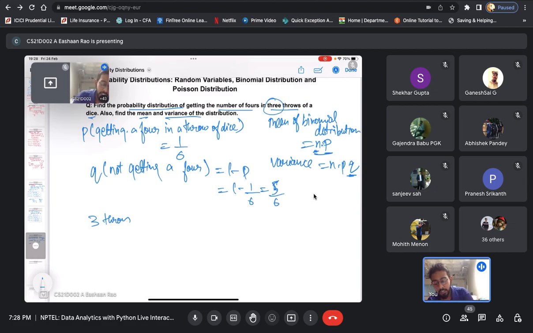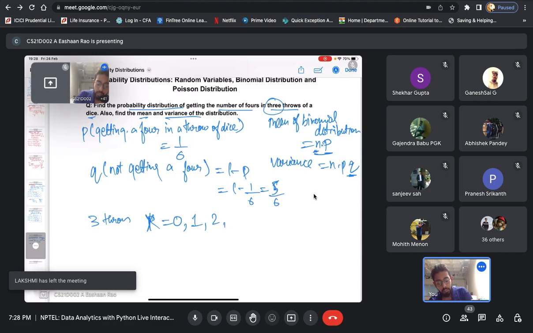The scenarios, if I'm throwing the dice 3 times, will be x is equal to 0, that is, in all 3 throws I didn't get 4, or I get it at least 1 time, or I will get 2 times 4 while throwing the dice, or I will get it all the time, in all the 3 throws I got the 4. So I need to find the probability of that.